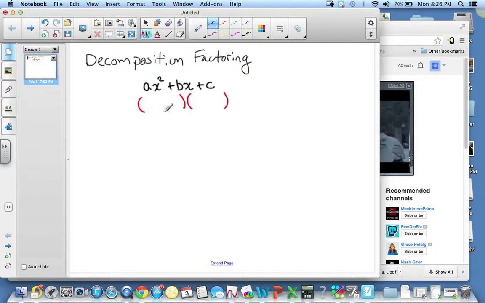Now, decomposition is a method where, for this easy, straightforward example that we've looked at before, decomposition looks at two things. It looks at a product, and it looks at a sum.